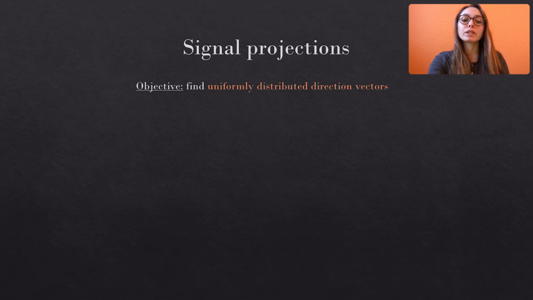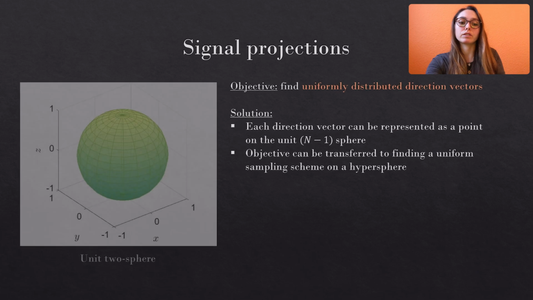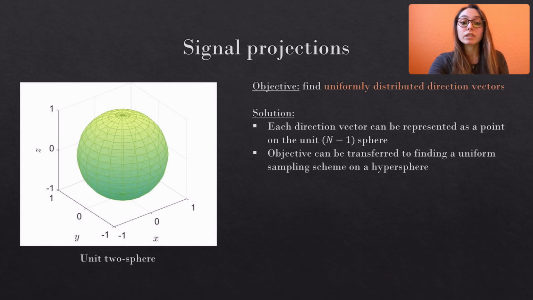And to make our life a bit easier, we can represent these direction vectors as points on a unit sphere. So our objective shifts to finding a uniform sampling scheme on a hypersphere. The sphere's dimensionality is defined by the number of variates capital N. So for our trivariate signal, which lives in 3D space, capital N equals 3, and we use an n-1 sphere, so a 2-sphere.